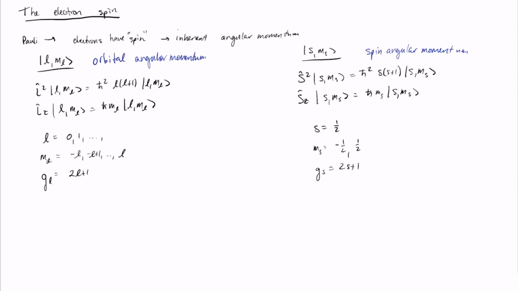Okay, but now the major difference is that whereas for orbital angular momentum, you can have infinitely many different L values, and they are all integer, for the spin of a single electron anyways, the only allowable S value is 1/2. So not only is it non-integer, but it's also only one possible value.